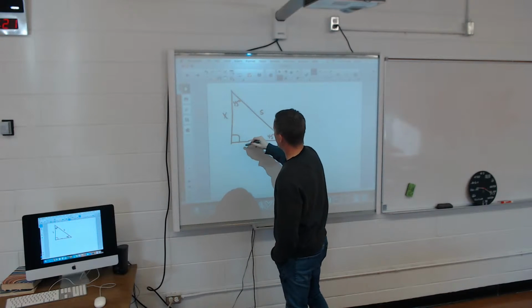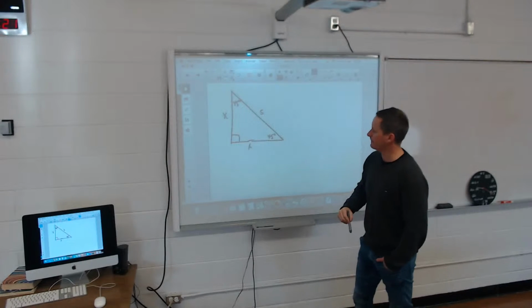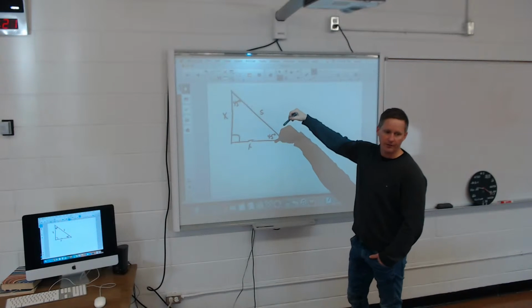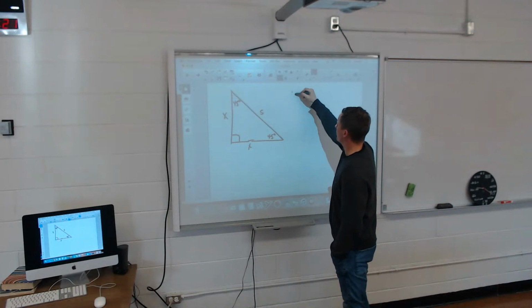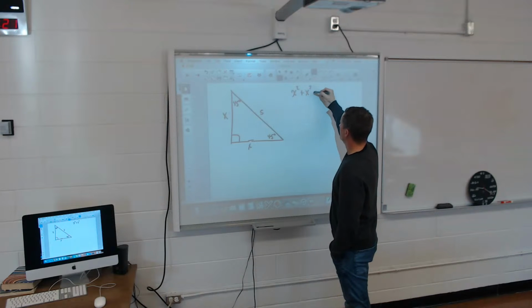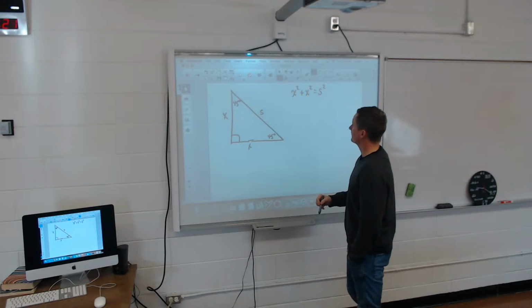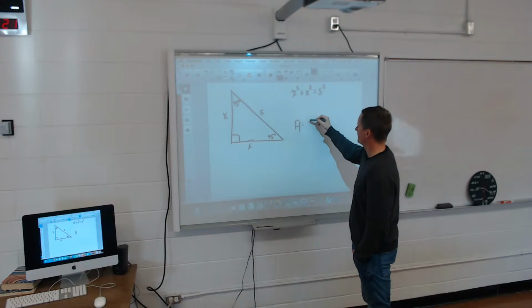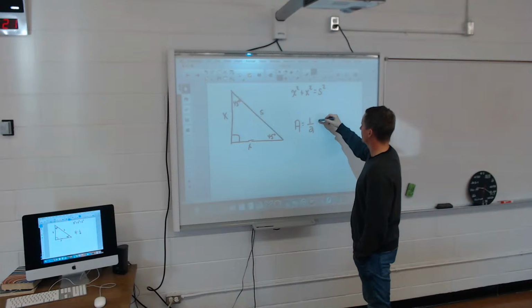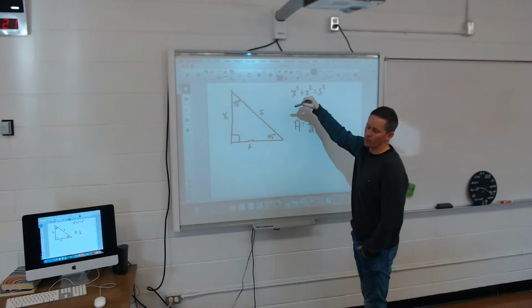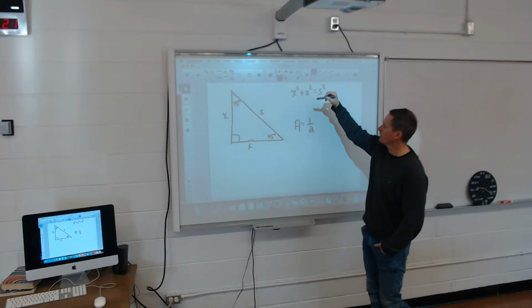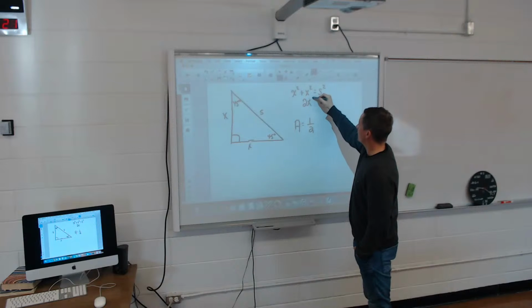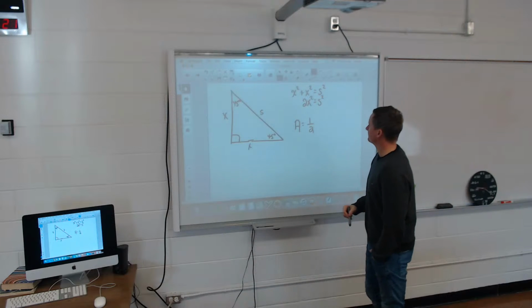I know these two are equal because we just did that, and they're across from the 45 degrees. So I've got x squared plus x squared is equal to s squared, right? Okay, and my area is 1/2. Sorry, I made this way more complicated than I need to. 2x squared is equal to s squared.